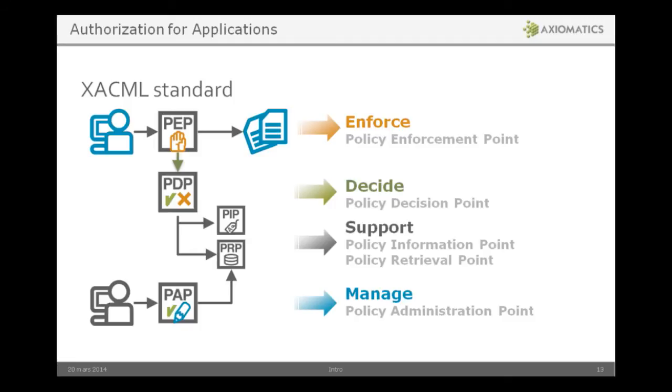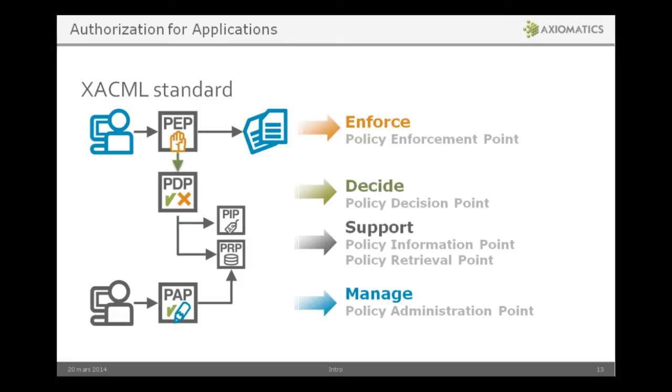Just a brief recap. The standard has these various components. The policy enforcement point is the thing that intercepts a request for data, and transfers that request to a policy decision point, asking, is this user allowed to do what the user is trying to do?